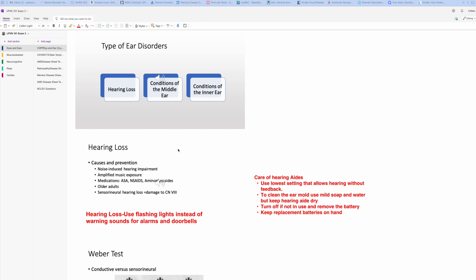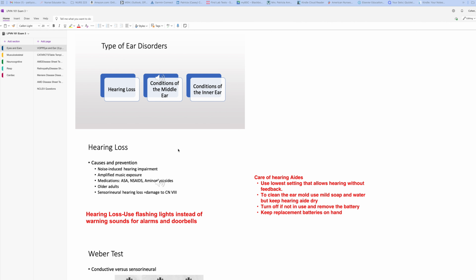Okay. So that could be it. The medications that result in hearing loss that are ototoxic include aspirins, NSAIDs, aminoglycosides such as gentamicin, and platinum containing medications such as some chemotherapy.